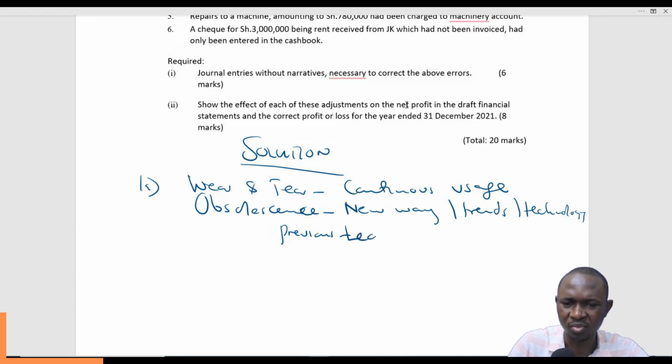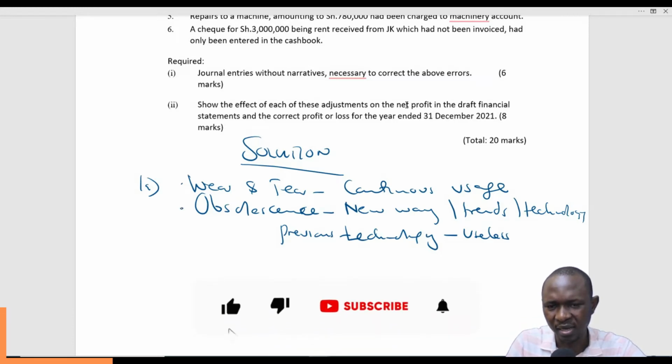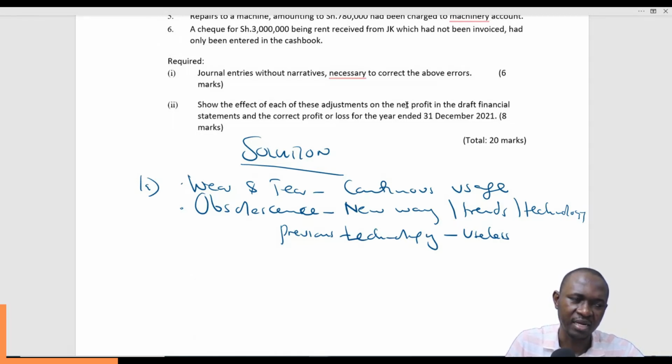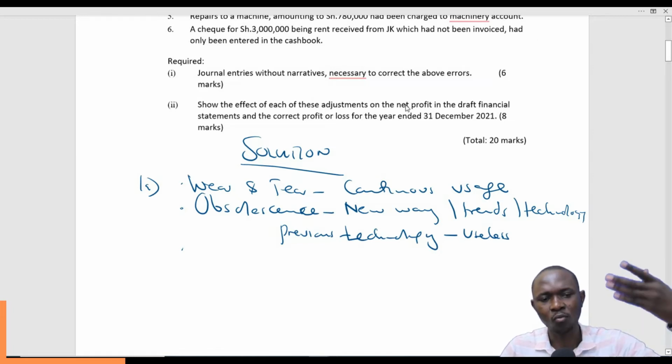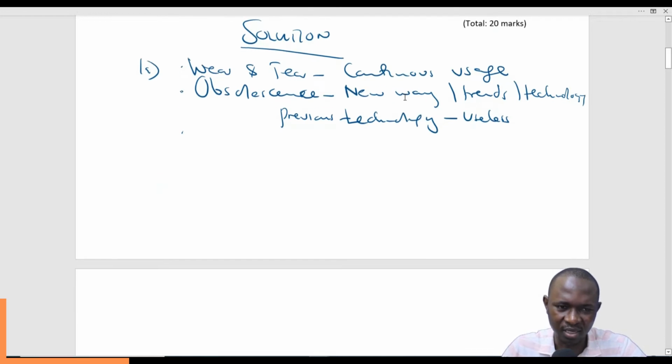It is as a result of improvements in technology or in the way of doing things, or new trends that make the previous ways less useful, so that people move to newer ways of doing things, either conveniently or in terms of affordability.